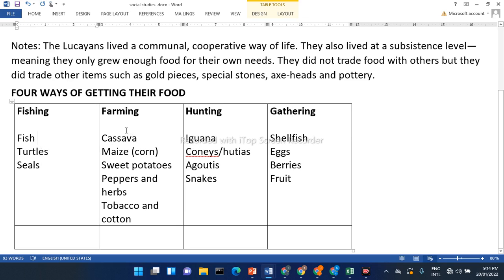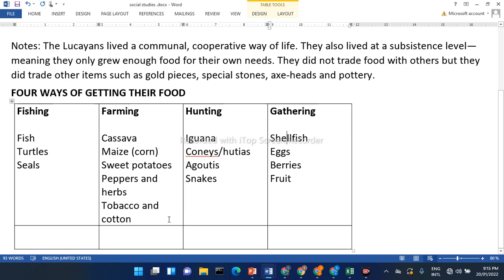As for farming, they used to farm for cassava, maize. They used to grow sweet potatoes, peppers and herbs, and tobacco and cotton. As far as hunting goes, and the meat that's associated with their diet, it would be iguana, conies, gutias, agoutis, and snakes. And as for gathering, it will be shellfish, eggs, berries, and fruit.